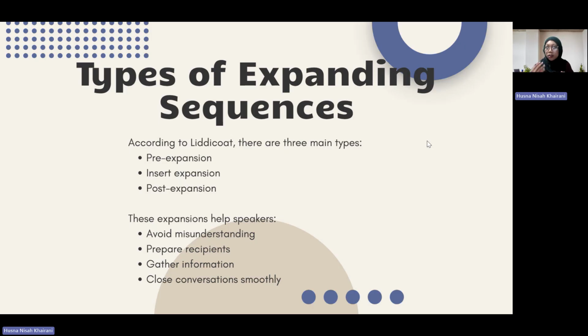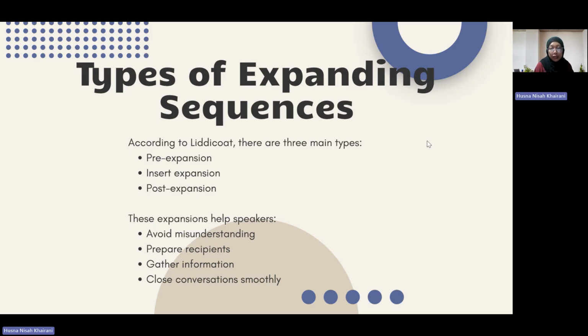When speakers are thinking of asking something, making a request, demand or offer, they need to gather information first, like whether the recipient is able to help them, has the ability, and is available to help them.